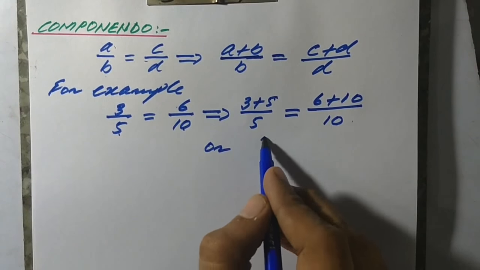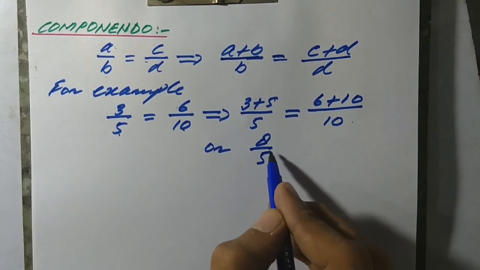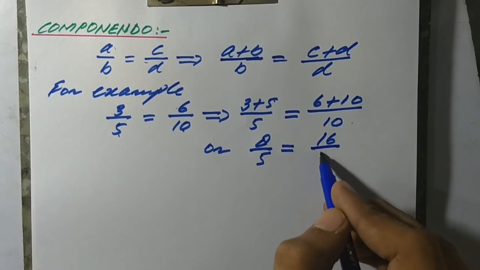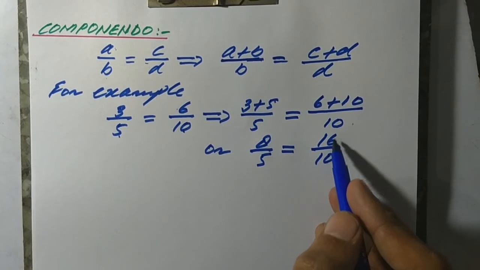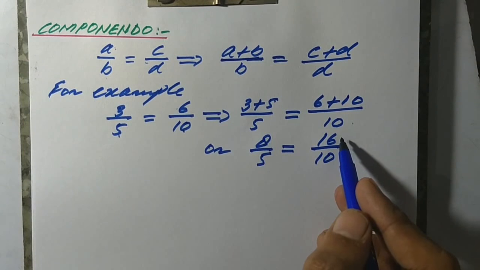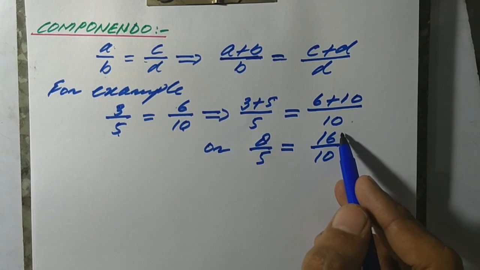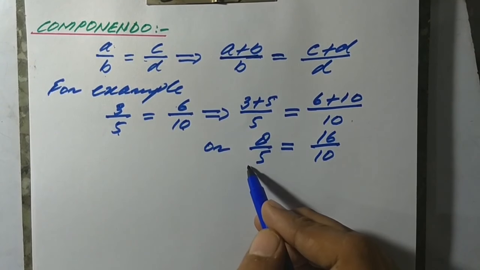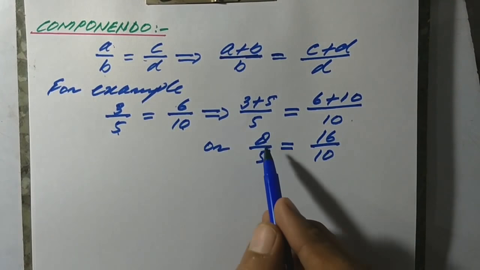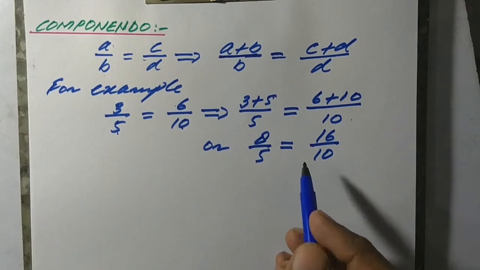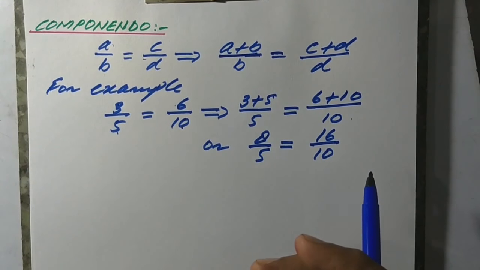Or 8 upon 5 is equal to 16 upon 10. So as you see, 16 and 10 both are divisible by 2. So 2 will divide 10 5 times and 16 8 times, so you will get 8 upon 5, the same expression as on the left hand side. So the numbers are in proportion. So this law is called componendo.